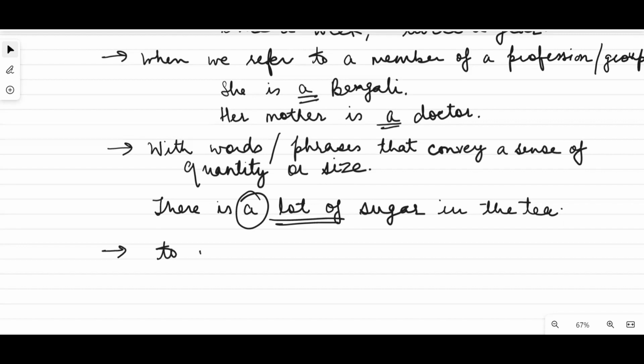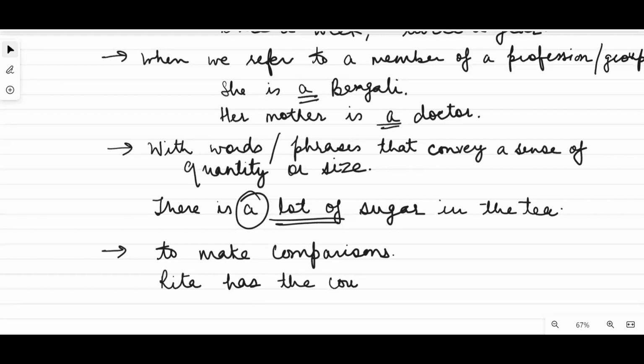And to make comparisons. Like we can say that Rita has the courage of a Kalpana Chawla.